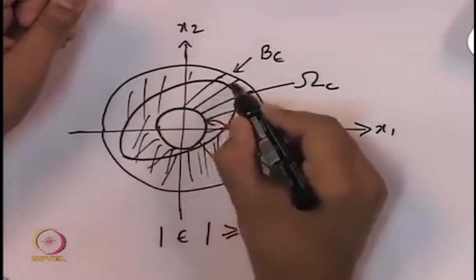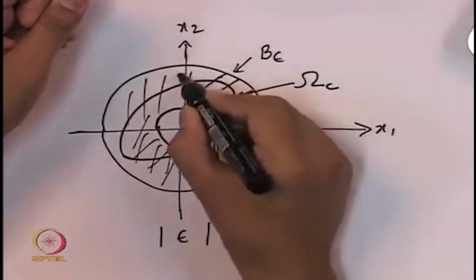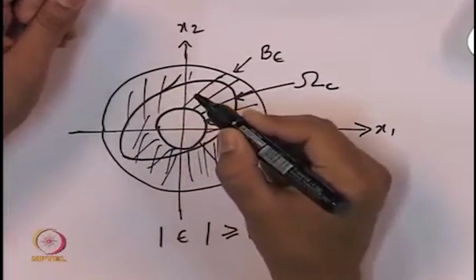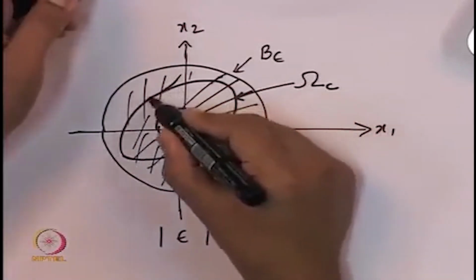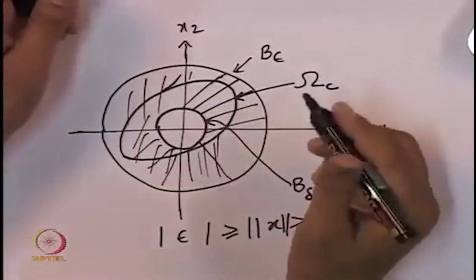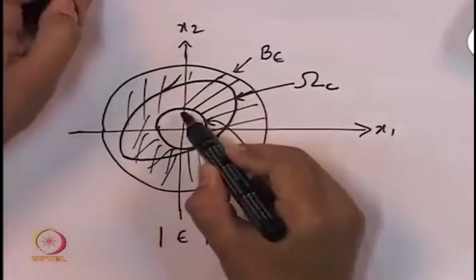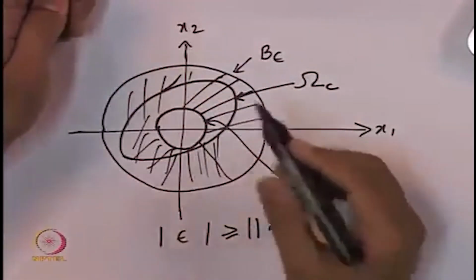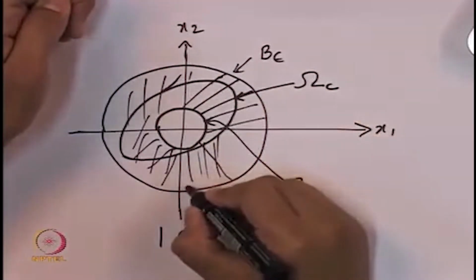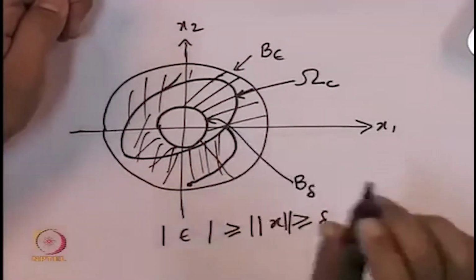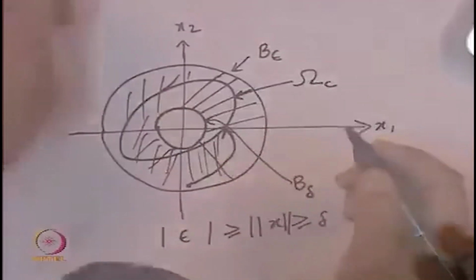It can of course reach the boundary, because the boundary is where V of x of t is equal to c. On this boundary it could come, but it doesn't go inside this set omega c, and this B delta ball is contained strictly inside this omega c set. Hence we have concluded that if it starts somewhere here, it can at most come up to this omega c.